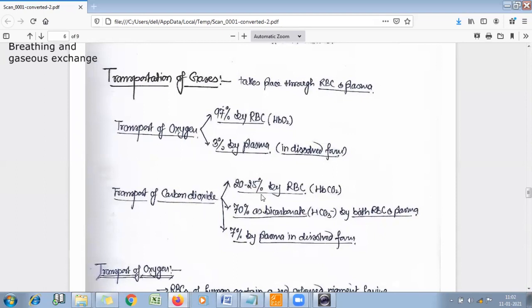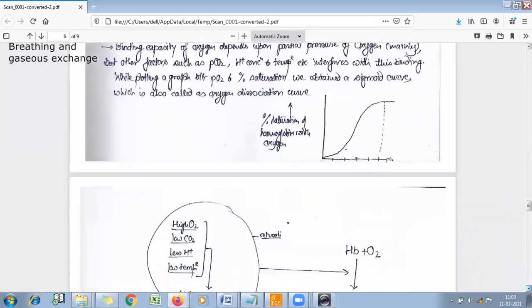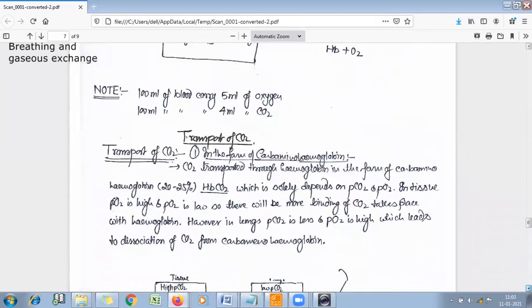First, 20 to 25% of carbon dioxide is transported by RBC by binding with hemoglobin, and 70% of the carbon dioxide is transported in bicarbonate ion form by both RBC and plasma, and 7% of the carbon dioxide is transported by plasma in dissolved form. So we will see here how this carbon dioxide is transported.